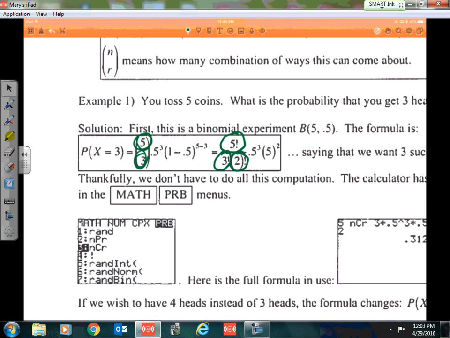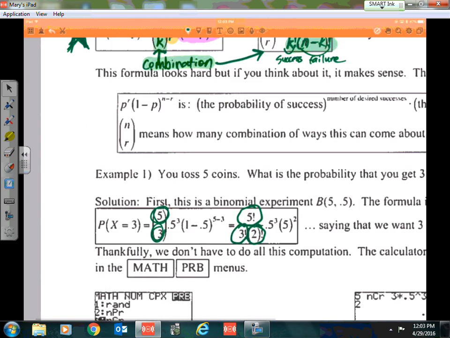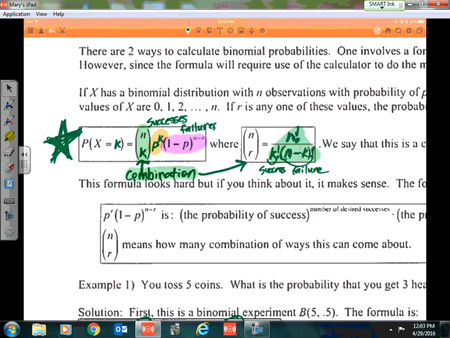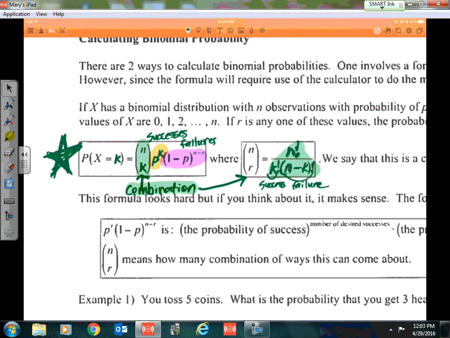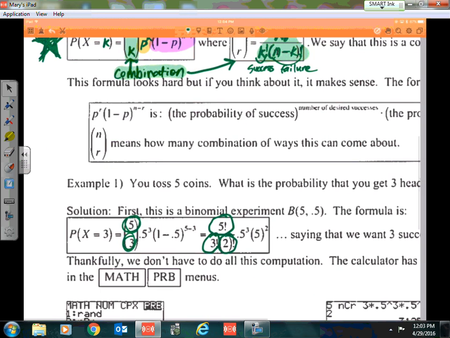And that's the number of combinations, okay? Now this part right here that I have highlighted in yellow is the successes. So p is the probability of success and k is how many you want. And then the pink portion is all about failures, the probability of failures and how many of those you want. Okay? All right. That's the main thing on that.